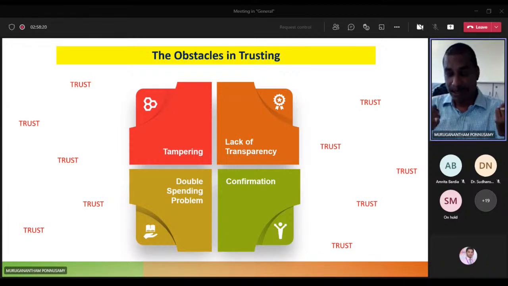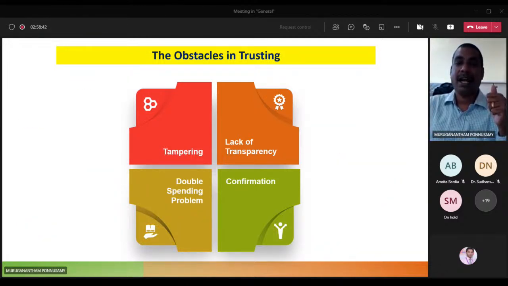The amount will not be debited unless it gets credited successfully. So the debit and credit from source to receiver will take place quickly. That's how the trust happens in this technology.